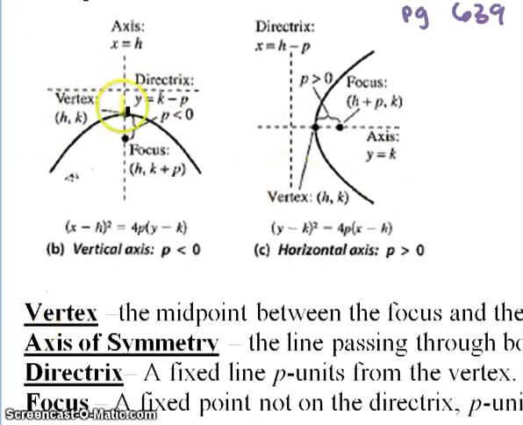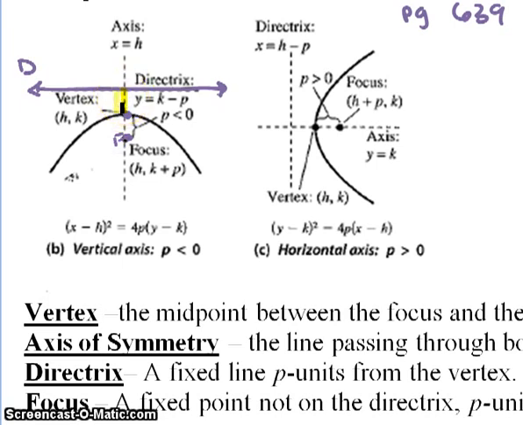So you have your vertex. The vertex is the point right here, and the vertex is the midpoint between this line called the directrix, which we will label as a D, and the focus, which is an F. And it is equidistant between there.